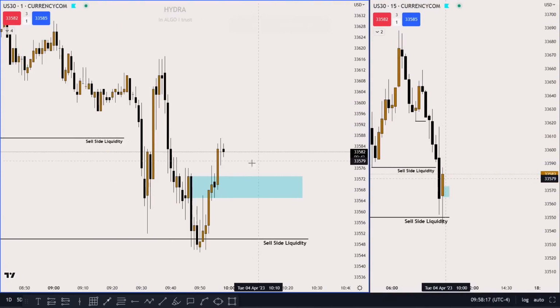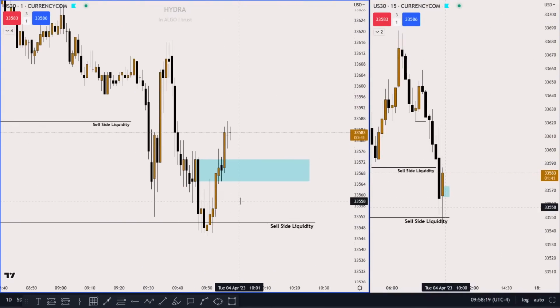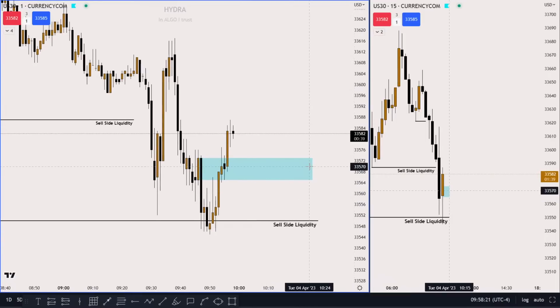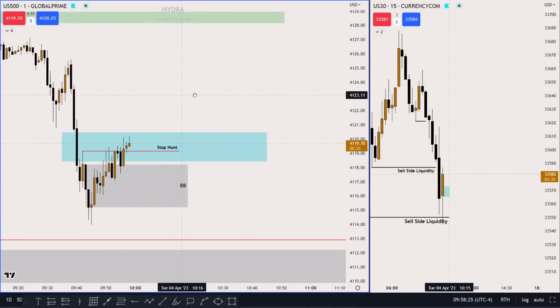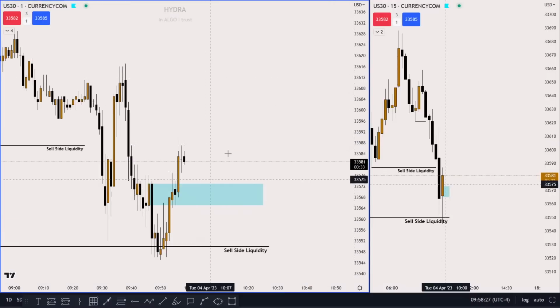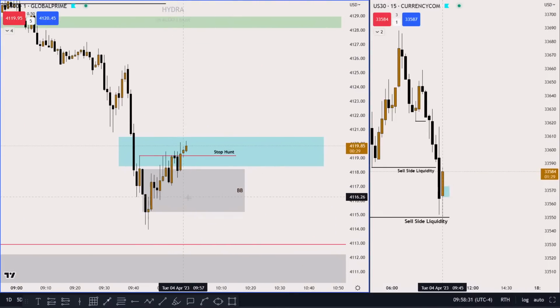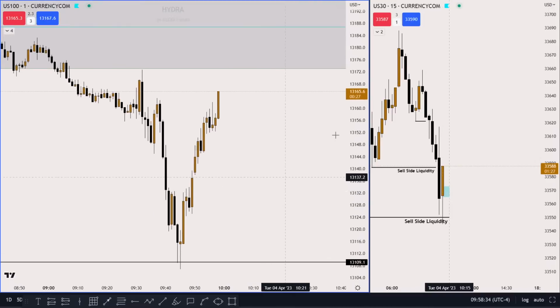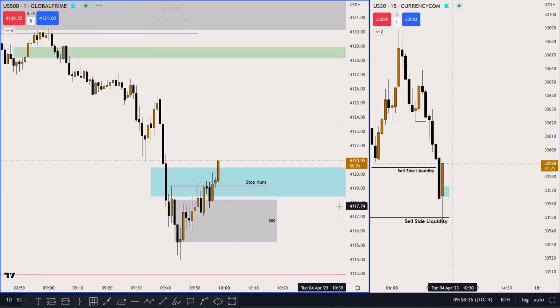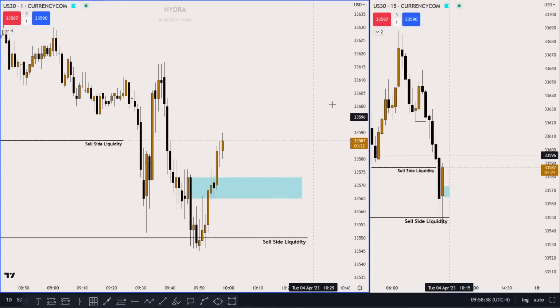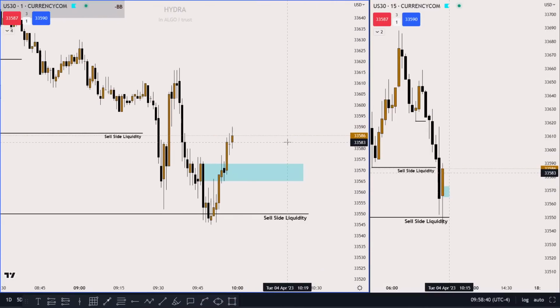So that's the order block, and price is using it as a support. But on US 500, it's very clear. Compared to US30, on US 500 the setup itself is very clear. So I want to see what US 500 does, and also what US30 is doing.